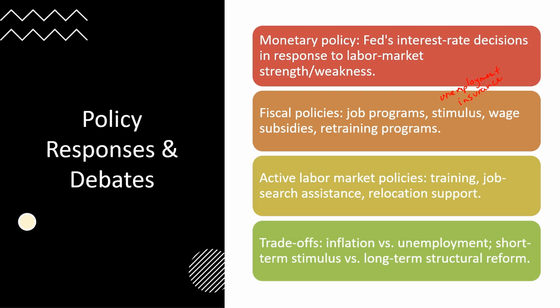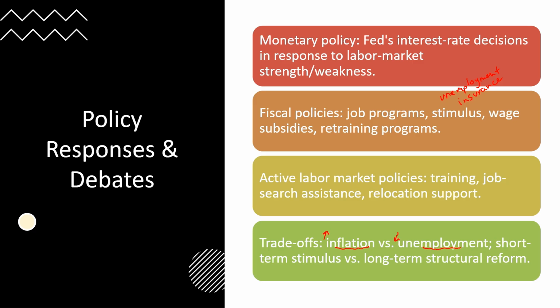Then, of course, there are trade-offs. So the biggest trade-off is between inflation and unemployment. If you want low unemployment, then inflation is going to go up, because if everybody's working, everybody's making money, and so everybody's spending their money, and so demand for products and services increases.